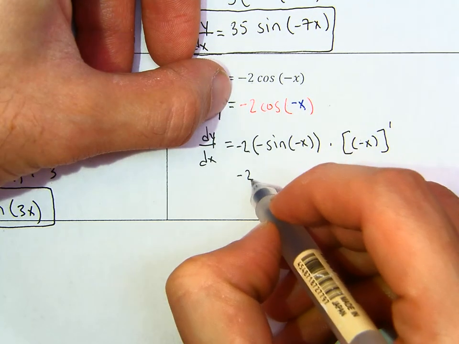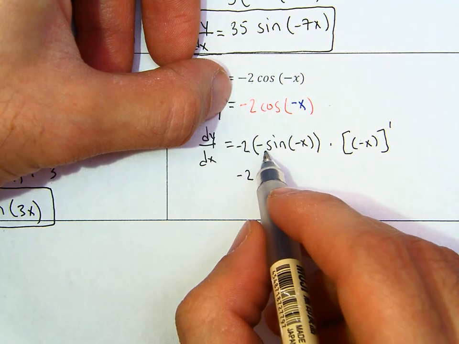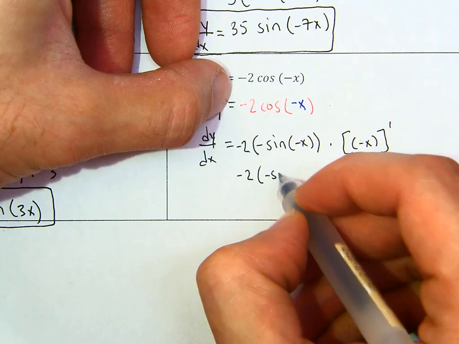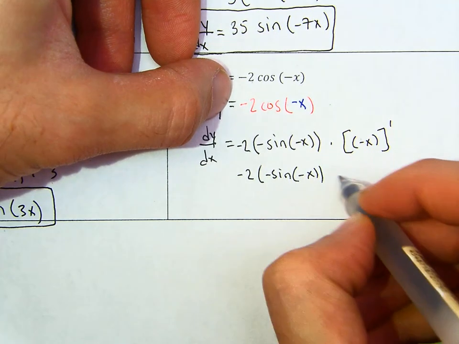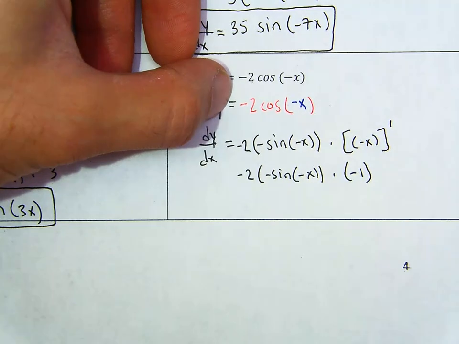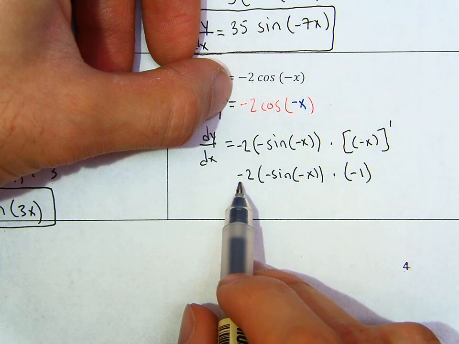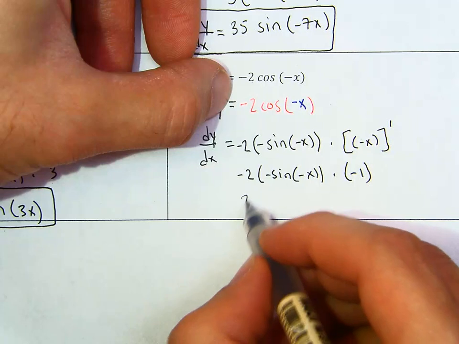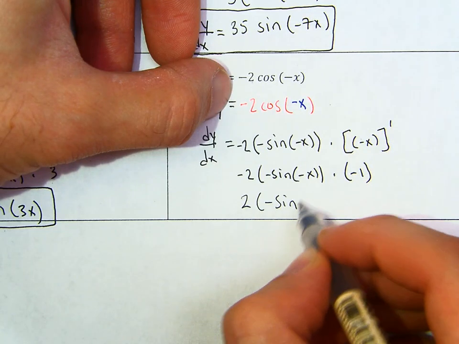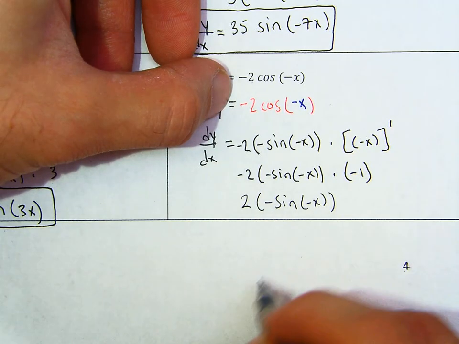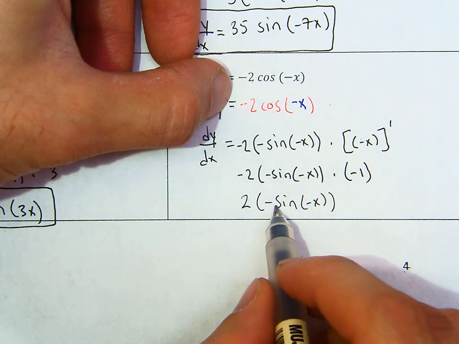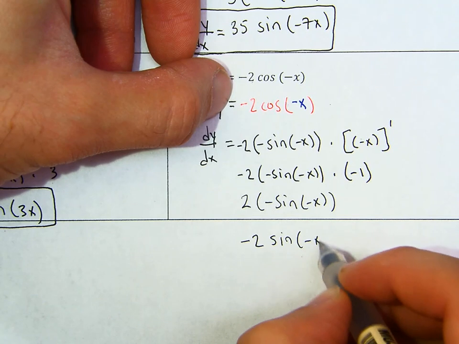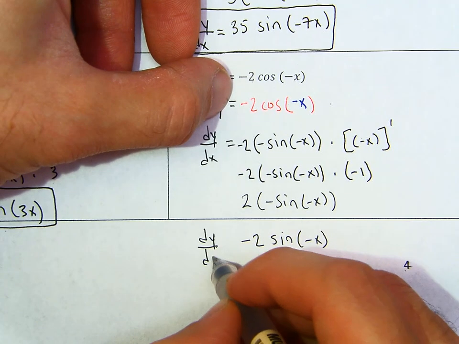So this is negative 2, negative sine, negative x, times negative 1, right? So here we have negative 2 times negative 1. So that's positive 2, negative sine negative x. But then we have to apply the negative that's attached to the sine. So this is negative 2 sine of negative x. And that's dy/dx.